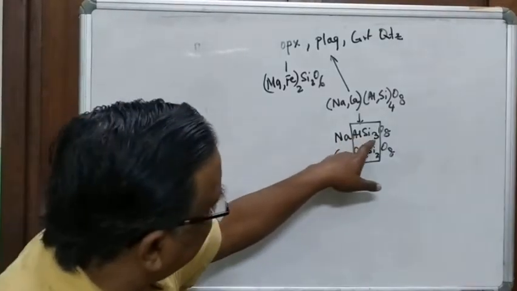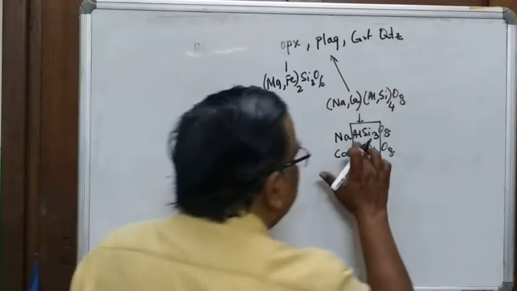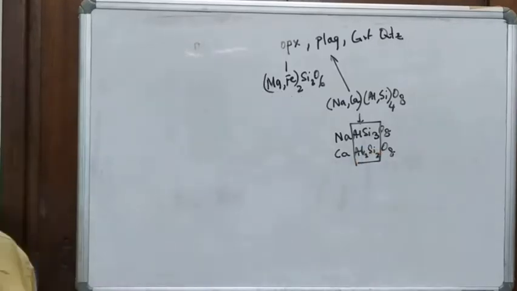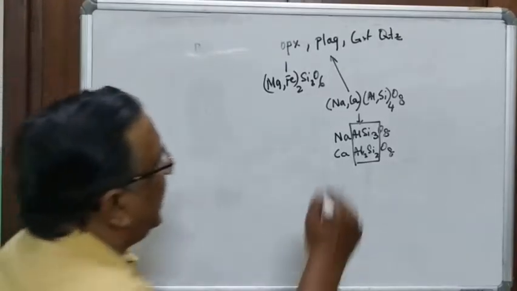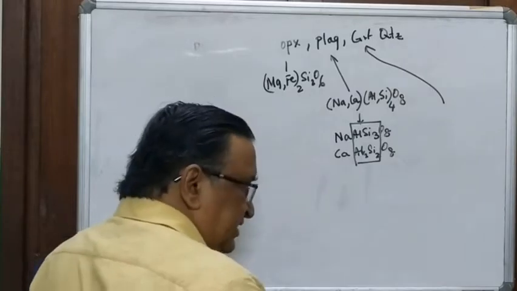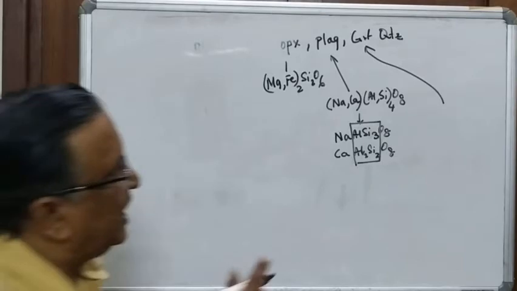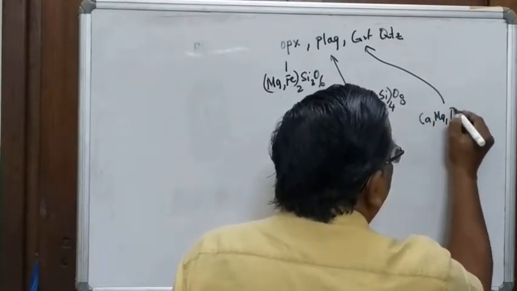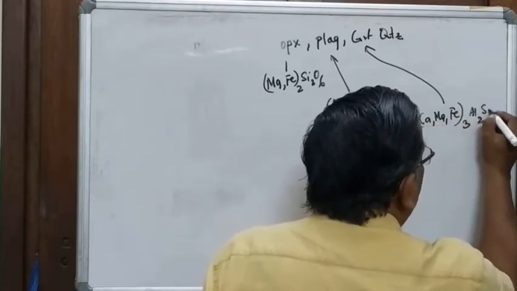In albite, the Al-Si ratio is 1:3. In anorthite, the Al-Si ratio is 2:2. And you have all combinations of that. And if you take garnet here, garnet normally is a more complex solid solution, but we take a simple garnet where you have (Ca,Mg,Fe)3Al2Si3O12.